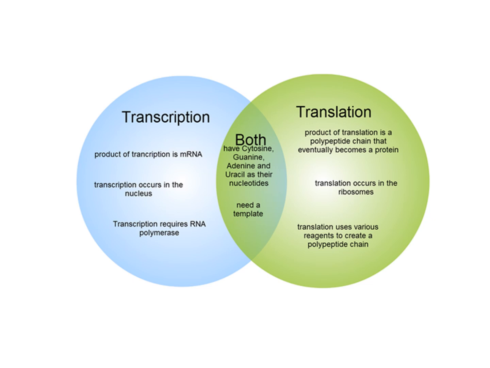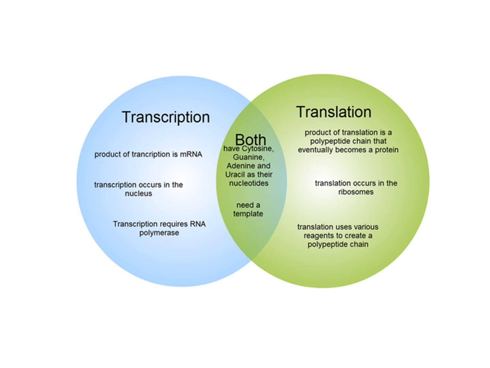It occurs in the nucleus. And then, of course, you need that enzyme RNA polymerase, right? And then translation is you're translating messenger RNA. So the product of translation is a polypeptide chain that is a protein. Translation occurs in the ribosomes, so it's in the cytoplasm with the ribosome and the tRNA complex.